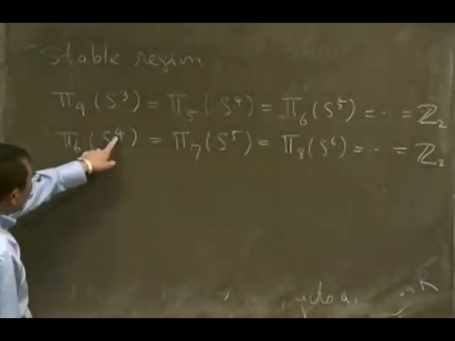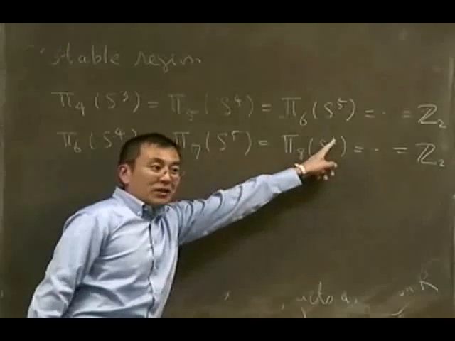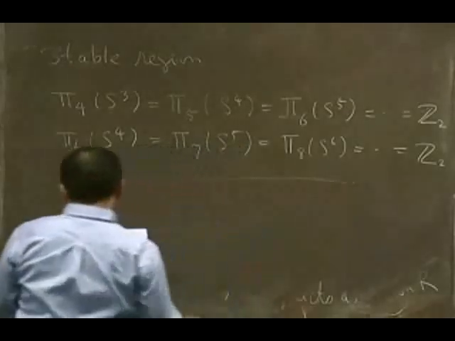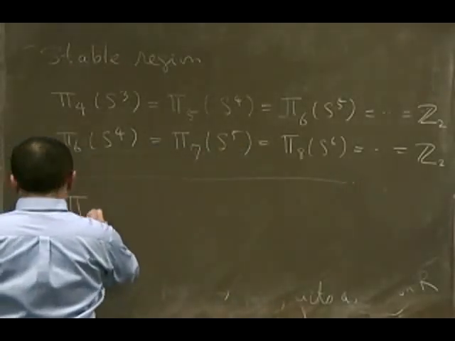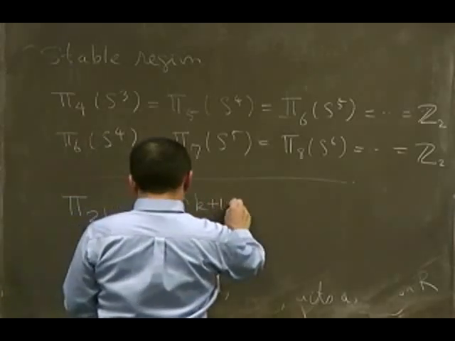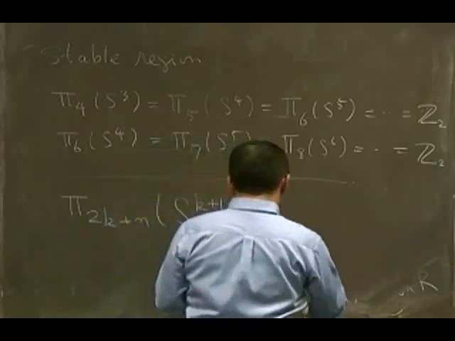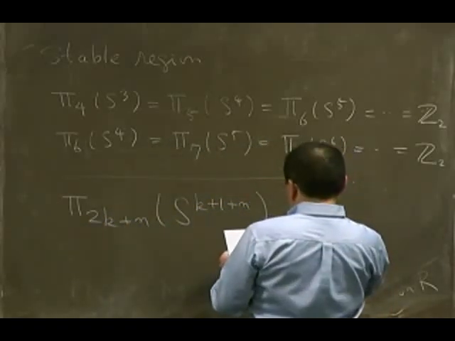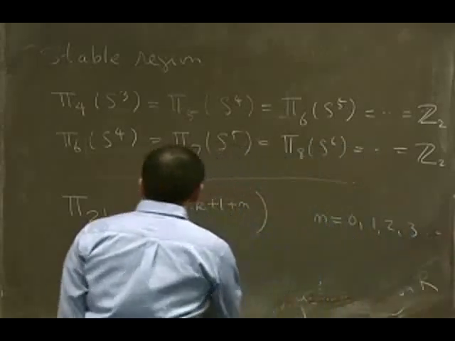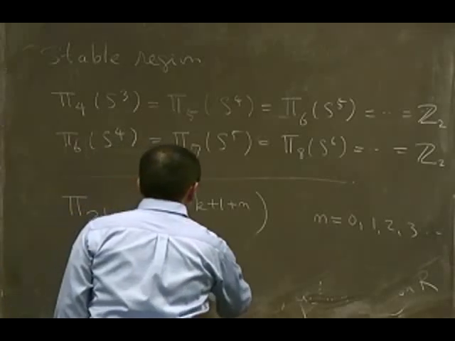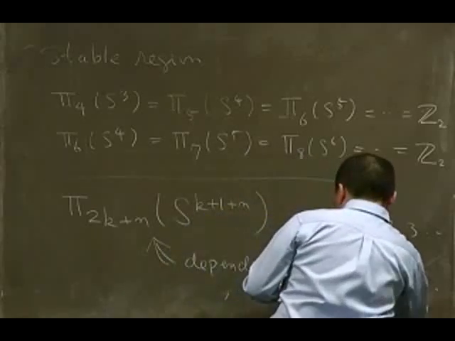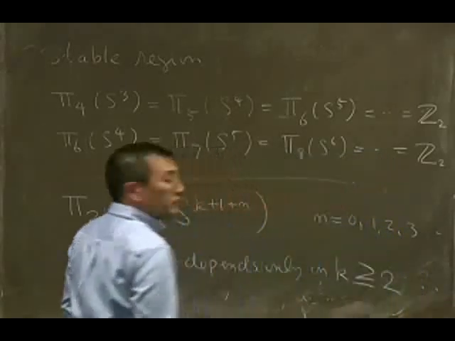You see that the number in the sphere and the number in the homotopy group are increasing in the same way. So, in general, it is known that if you have pi of 2k plus n, of S of k plus 1 plus n, with n equal to 0, 1, 2, 3, etc., then this depends only on n, if k is greater than or equal to 2.